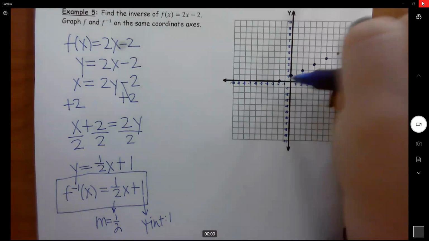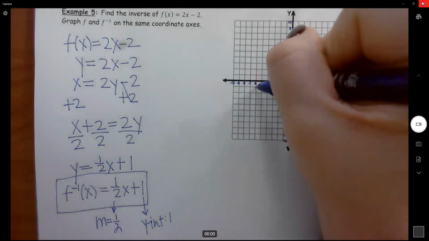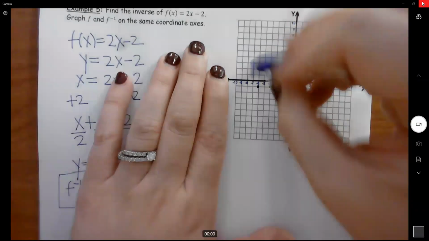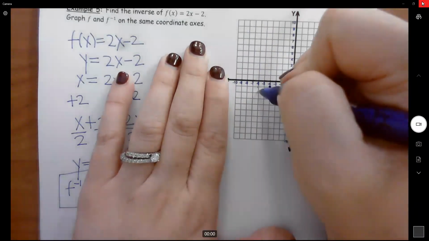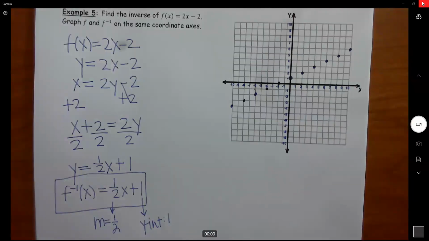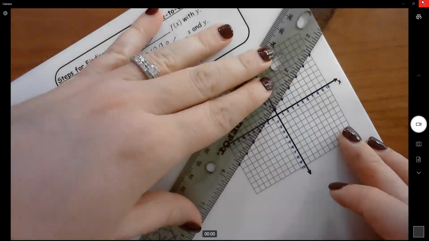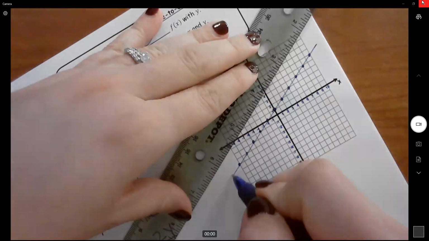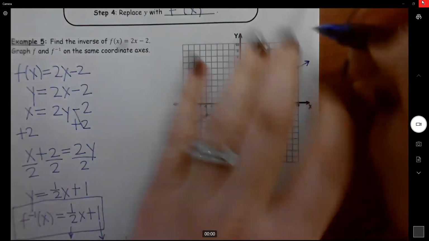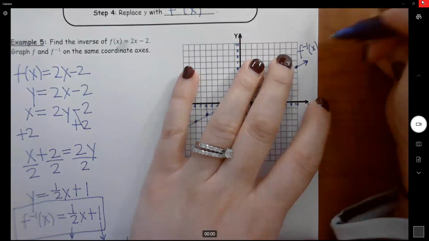And I'm going to go down 1 over 2 in the opposite direction. Oops, not there. Okay, so here is my inverse.